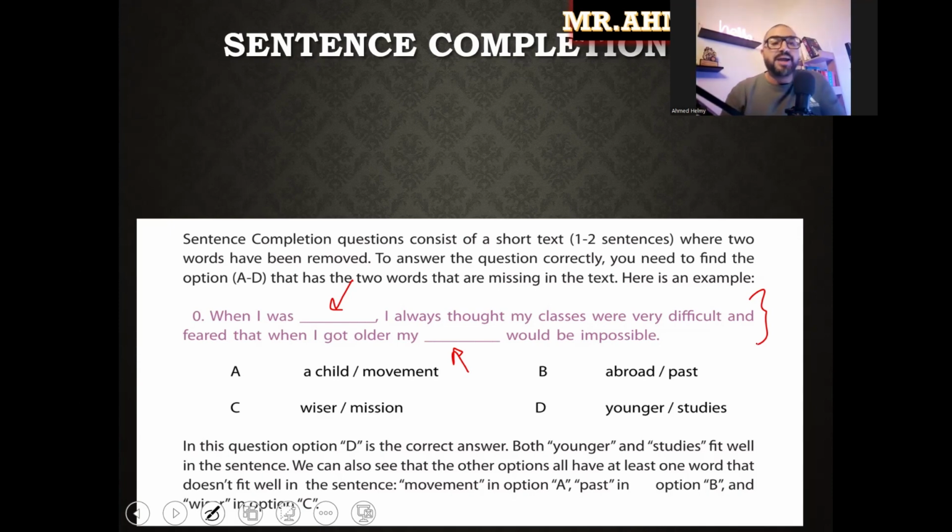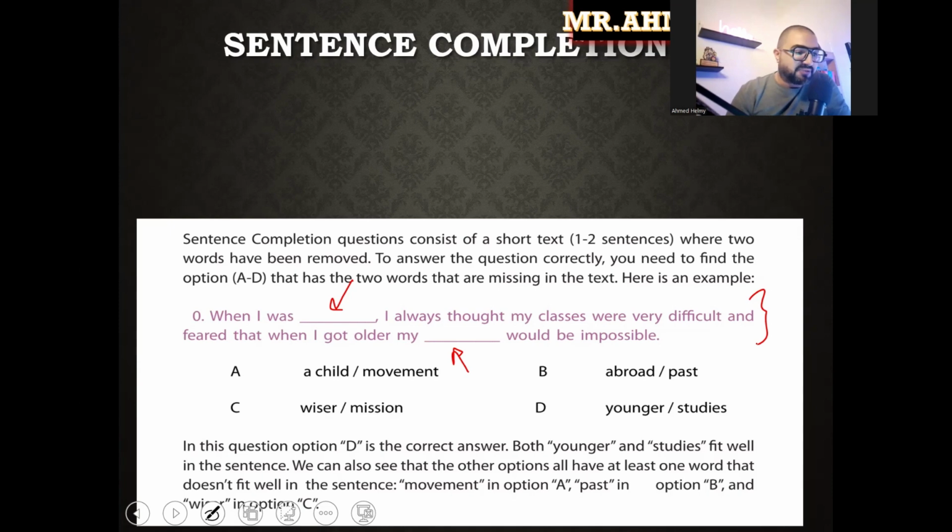What I always tell my students, and what I always do in trying to solve this question, is simply this: the first thing you need to do is try the first blank space first. So you have to try the first word in each of the choices. If the first word doesn't fit in the blank, that means the whole choice is wrong.